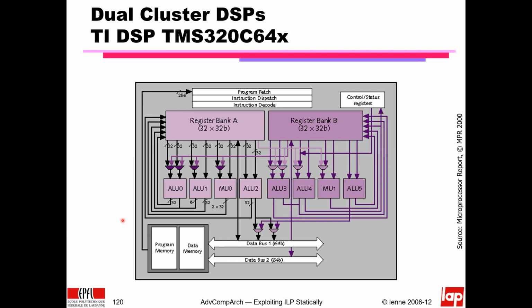So the code base is relatively small, so you can make sure that it fits the cache and so on and so forth. So you see here, for instance, the blueprint of several of the most famous DSPs. TI, Texas Instruments, is one of the market leaders of DSP processors. There are others from other manufacturers, but they are all very similar to this.